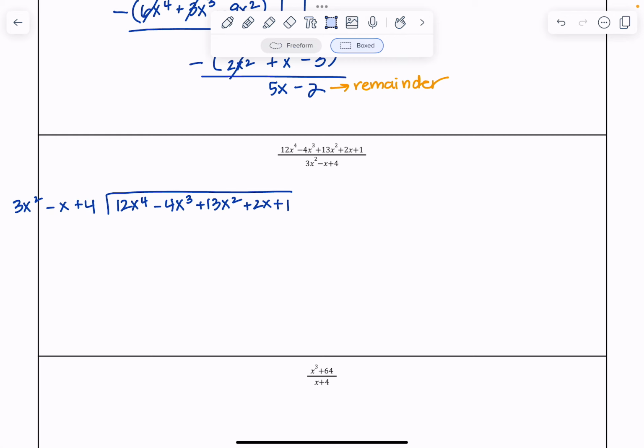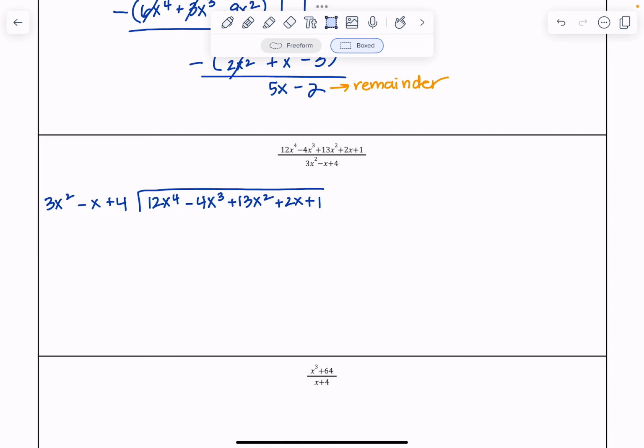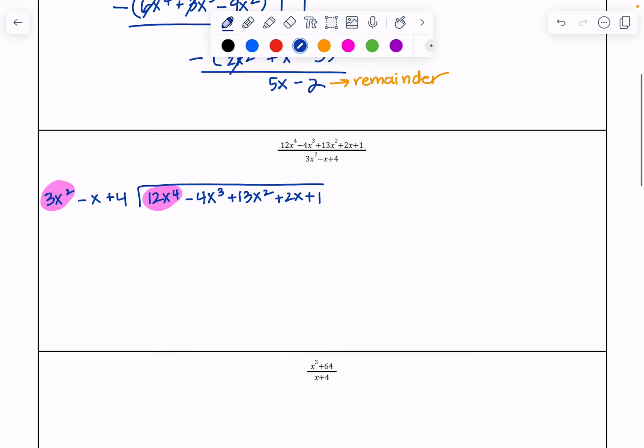And I'm going to move all of that to the side. All right, we are trying to get 3x squared to cancel out 12x to the fourth, and we would multiply by 4x squared, and like we did above, I'm going to line that up with my x squared term.